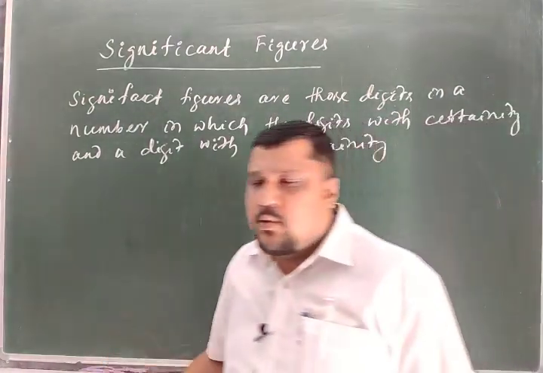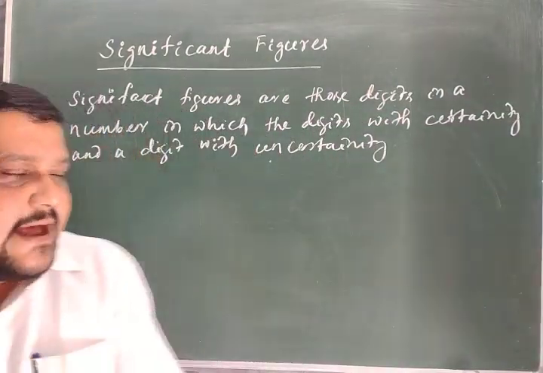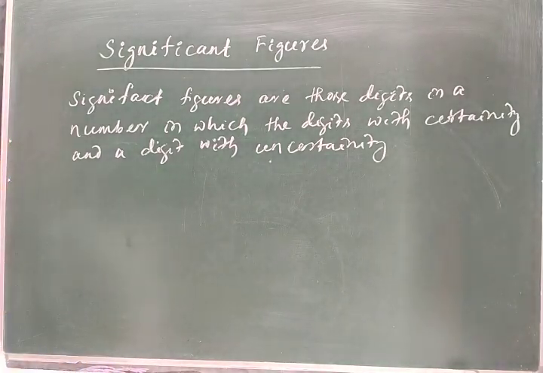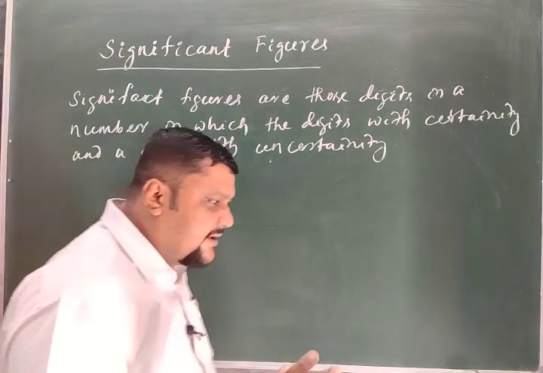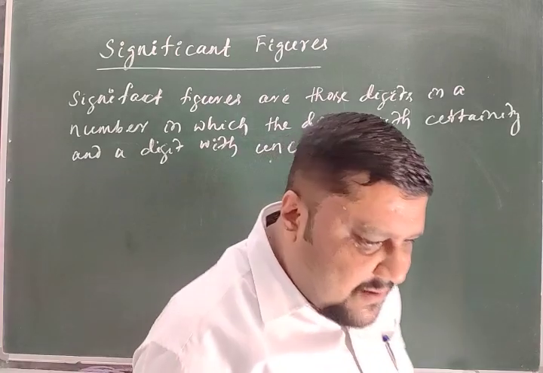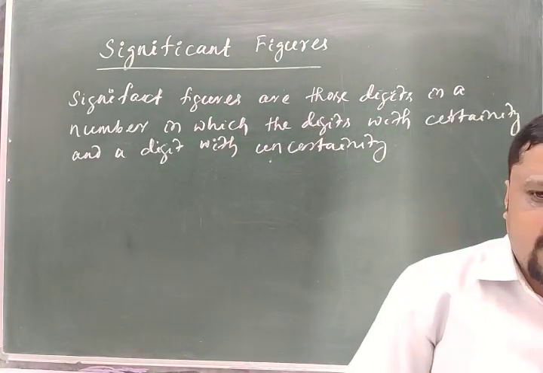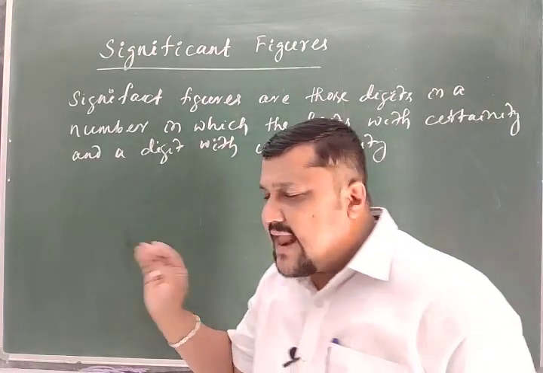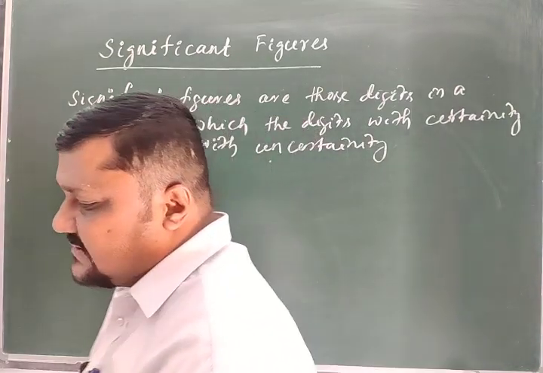What I told you in the example, that in those measurements some of the digits are certain, but when I go for the last one, that is uncertain.